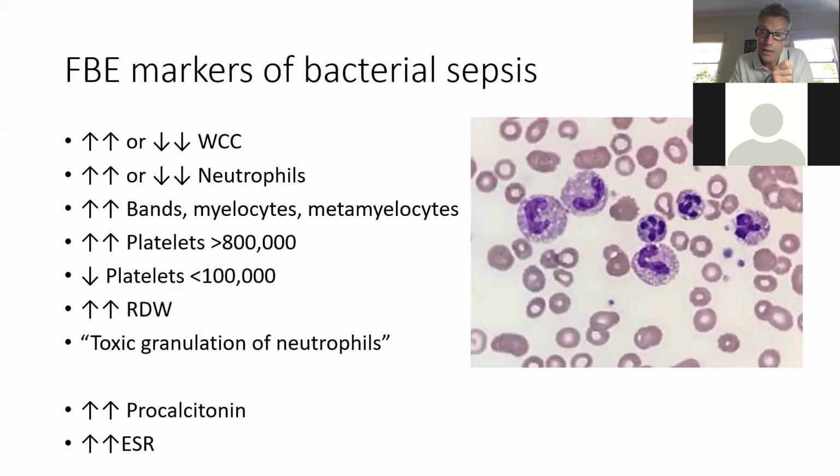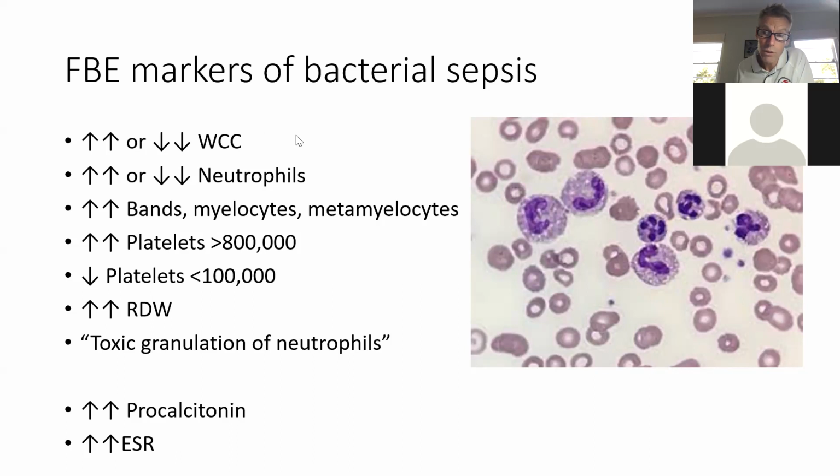We should look at the full blood count in detail and decide whether there's evidence of a bacterial infection or not. It's both the clinical picture and the rate of improvement of the child, like the rate of resolution of the fever, and what's on the full blood count that can tell us a lot about whether or not a bacterial infection is present.